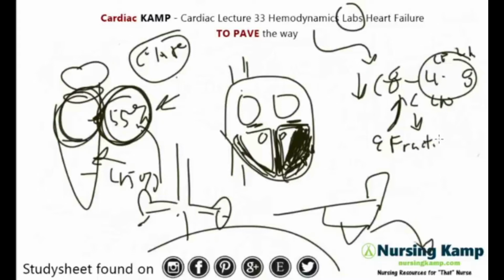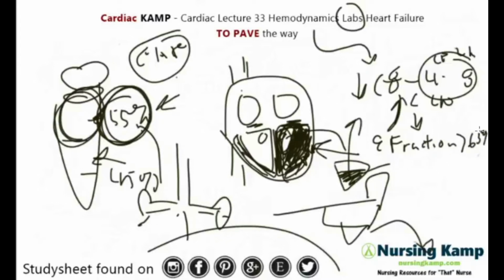Well, that also is evidenced by the ejection fraction, EF, which you find from an echocardiogram. What they do is they measure this portion, and they measure how much of the cup is ejected. Okay? And that needs to be greater than 65%. If it is greater than 65%, they're good to go.